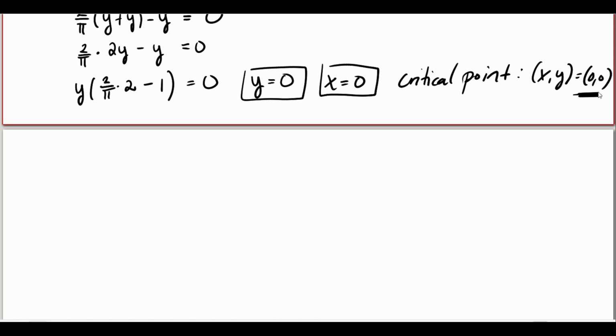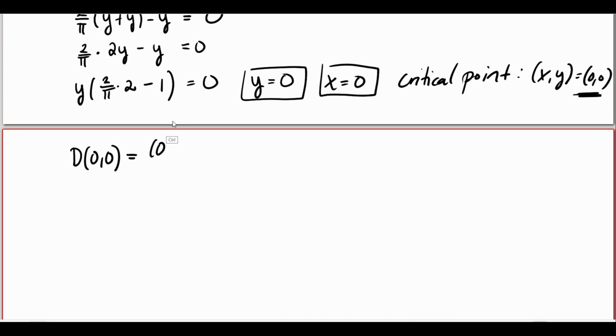That means it has larger z values, so the difference is larger than at the critical point. For example, if we insert d(0, 0), we can find out the difference of the areas, and of course it will be 0.